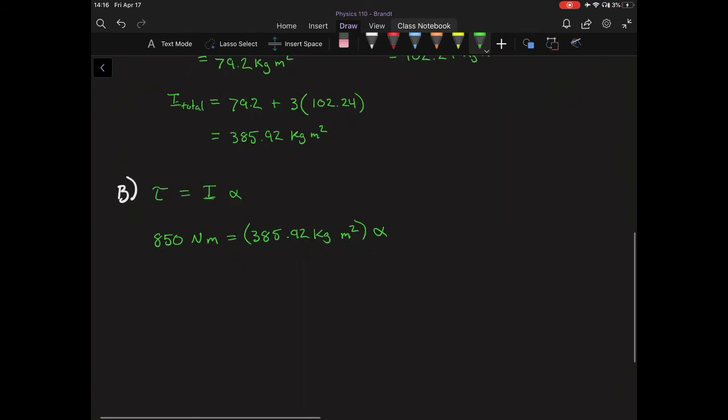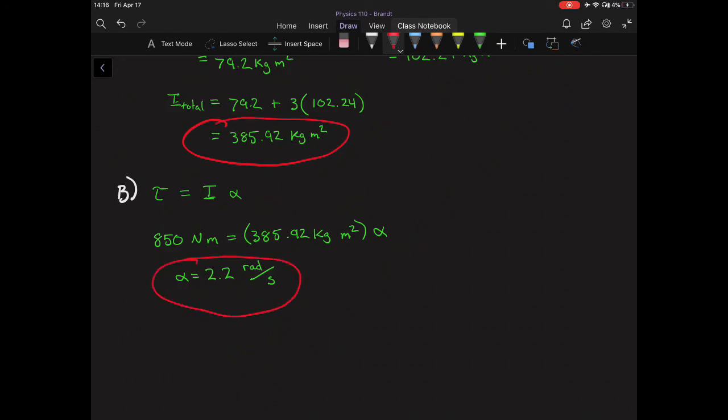So when we solve for alpha, alpha is going to give us 2.2 radians per second squared. So once again, here's our I total, here's our alpha.